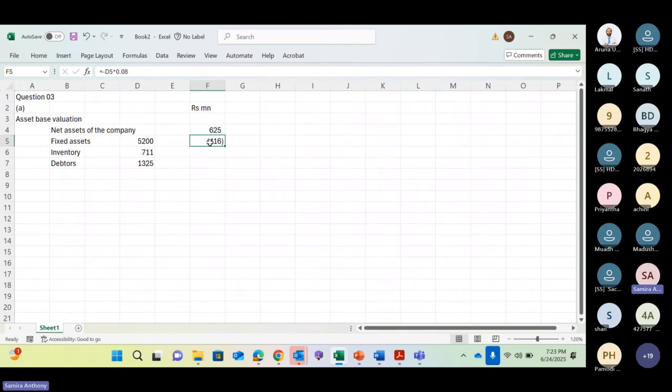Is that clear, Priyanta? If I'm not going to divide by 108, you just take 8%. Write down the assumption: it is assumed 8% overstatement is equal to 8% on the balance sheet value.